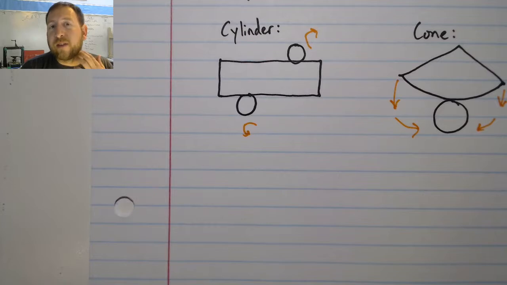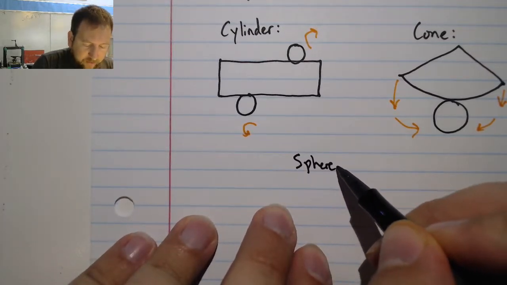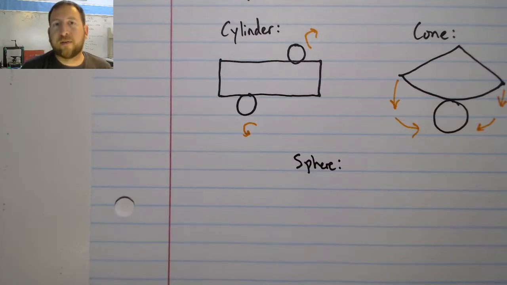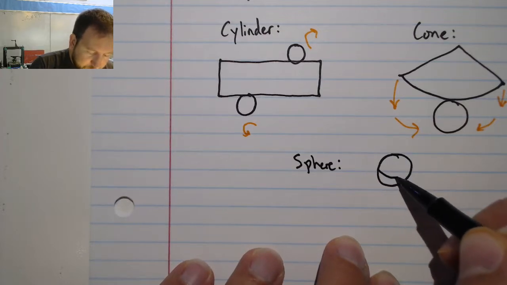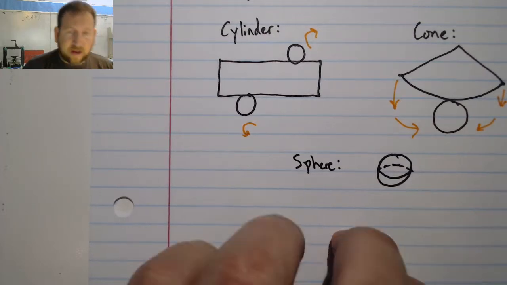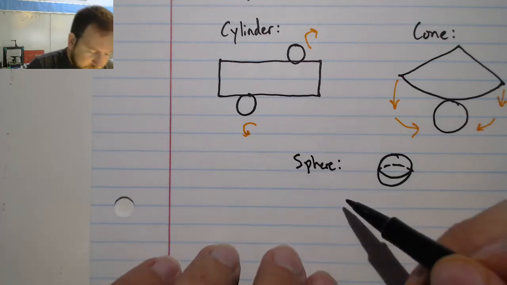And lastly, we have the sphere, which is an interesting one. This is one that we do not see as a net very often, simply because it's not very useful to us as a net. But our sphere, remember, is this shape. And it's actually very difficult to cut apart the sphere and keep all of its space intact. So if I were to unwrap this, it looks almost like this.